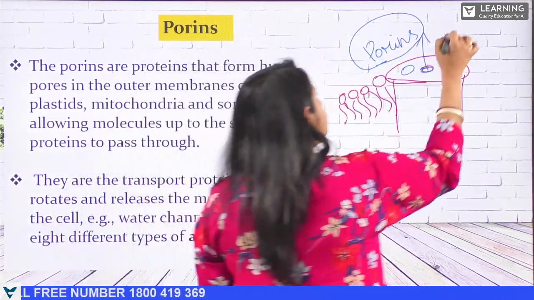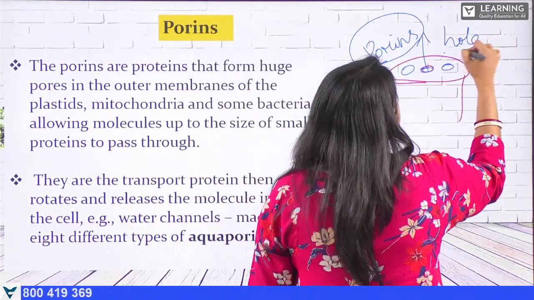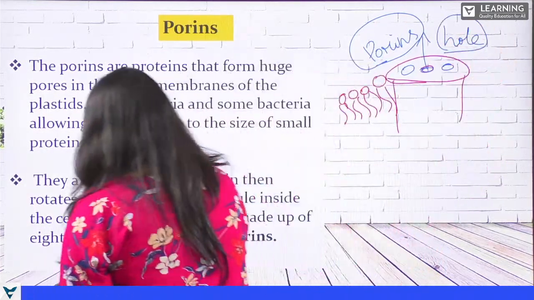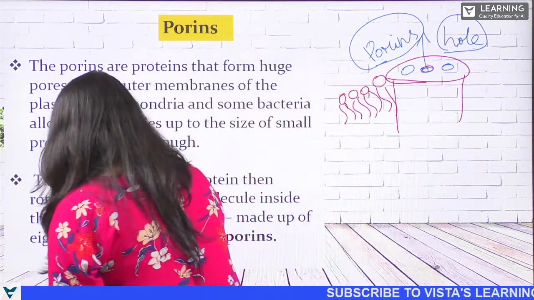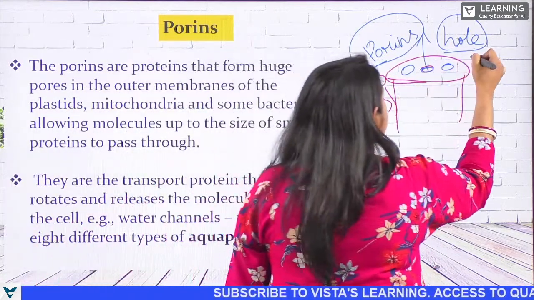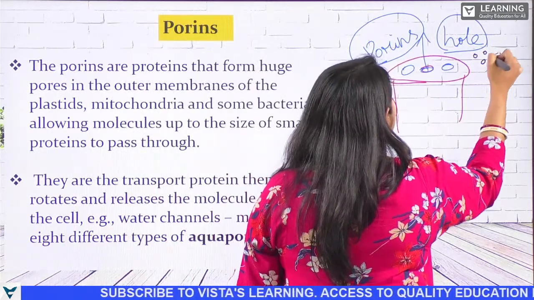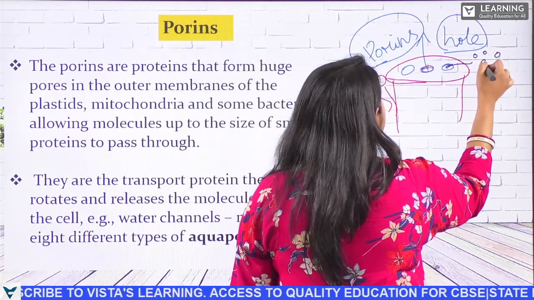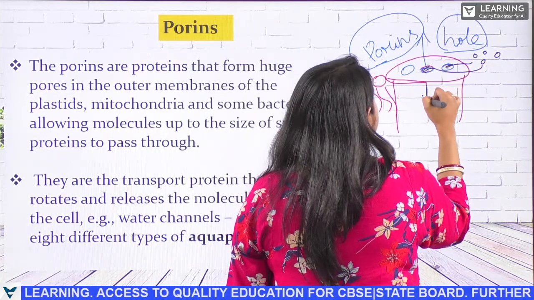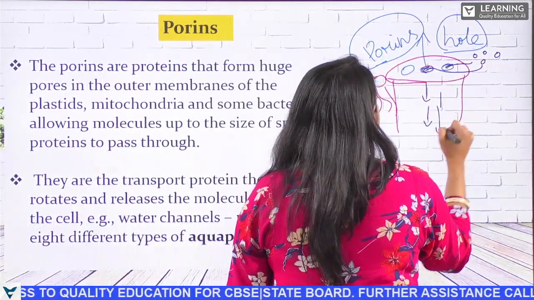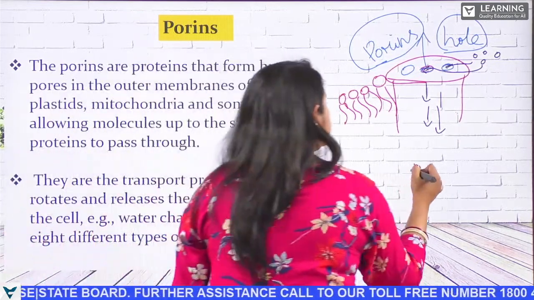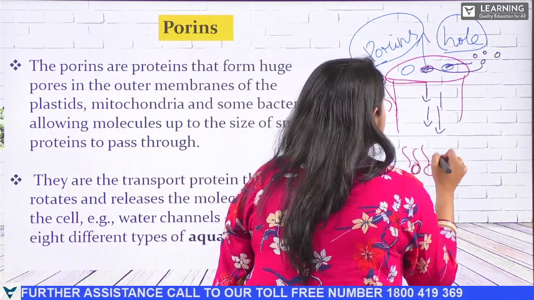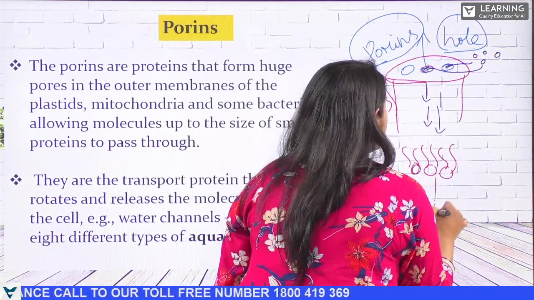Porins are proteins that create holes so that the molecules can easily pass through the membrane. Through these pores, the molecules can easily diffuse through the plasma membrane.